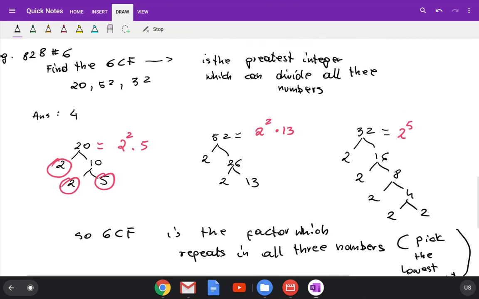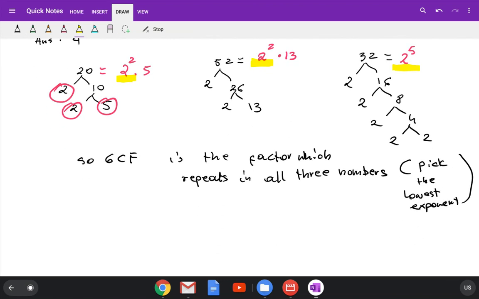So all of them have 2 which repeats. You have to pick the one with the lowest exponent, so it will be 2 to the second power. So GCF is 2 to the second power, which is 4. That's our final answer.